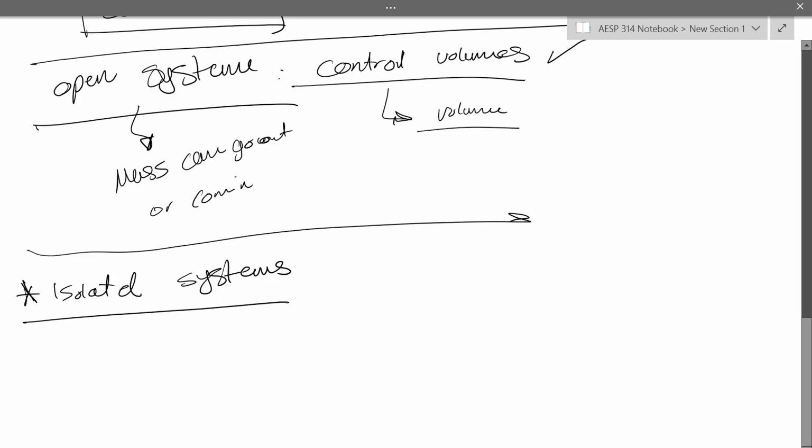It's pretty self-explanatory, right? Systems are supposed to be isolated, which means that there is no mass transfer, there is no energy transfer, there is no nothing, right? It's just a system. You want it to keep its energy, you want it to keep its mass.